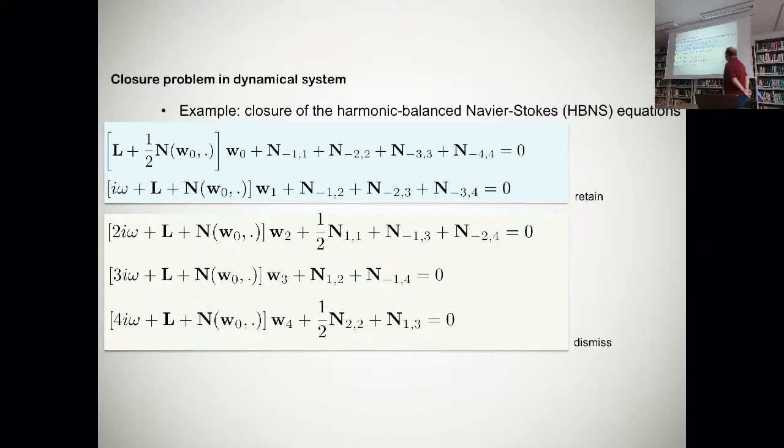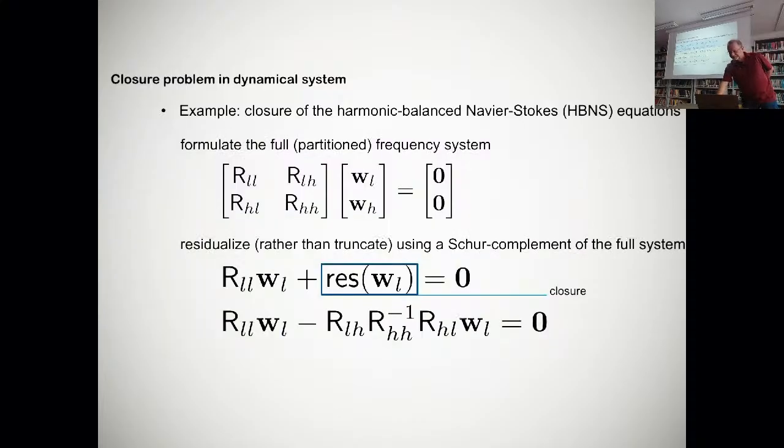And then we're going to say, it's already truncated, I agree, but now we truncate it even more. And we say, let's retain the first 2, mean flow and first frequency. And the other ones, we dismiss and wrap into the other ones, exactly the way I told you. So what we do is we're going to partition our Navier-Stokes equation into low-low, low-high, high-low, and high-high.